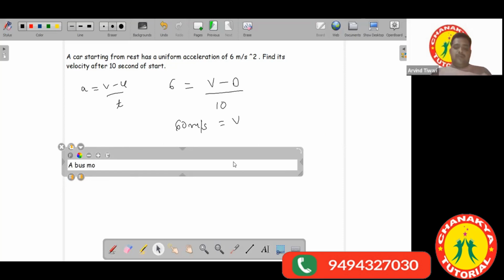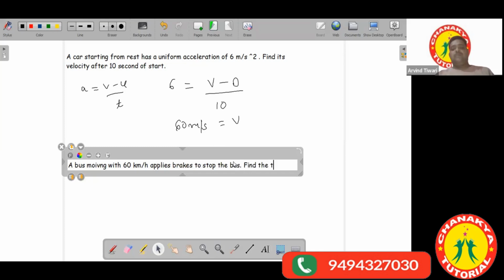A bus moving with 60 km per hour applies brakes to stop the bus.